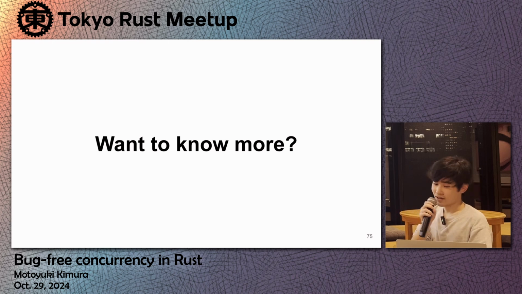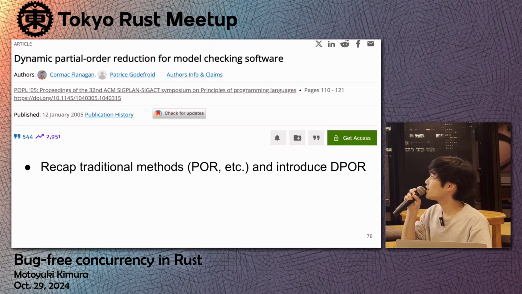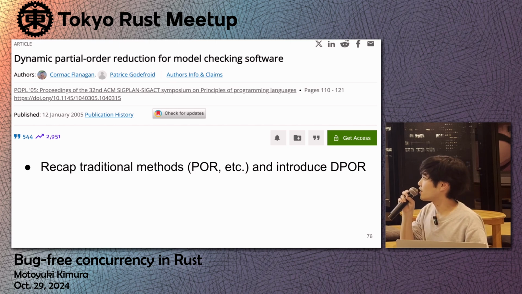Okay, so this is almost all I prepared. If you want to know more about Loom, there are some materials that explain it better than me. There are two papers I referred to when preparing this presentation.